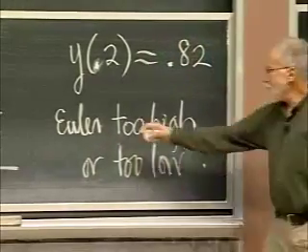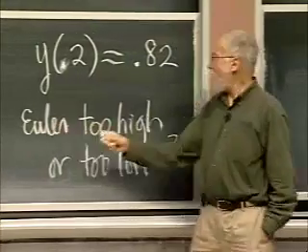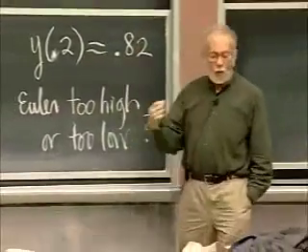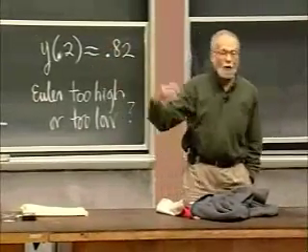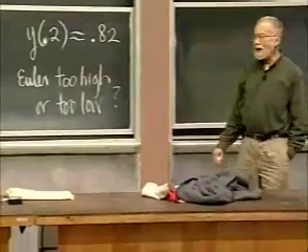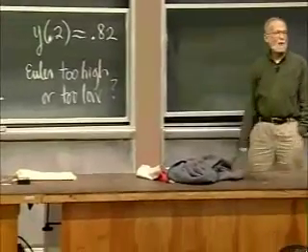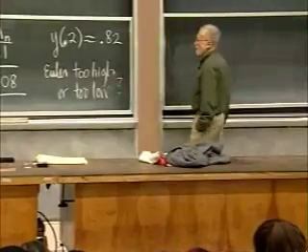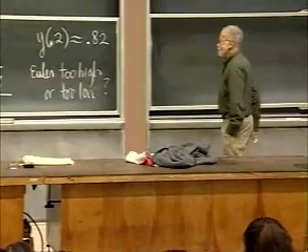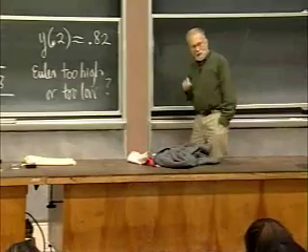In other words, is the result of using Euler's method, i.e., this number, too high or too low? Is it higher than the right answer, or is it lower than the right answer, or, God forbid, is it exactly right? It's almost never exactly right. That's not an option.